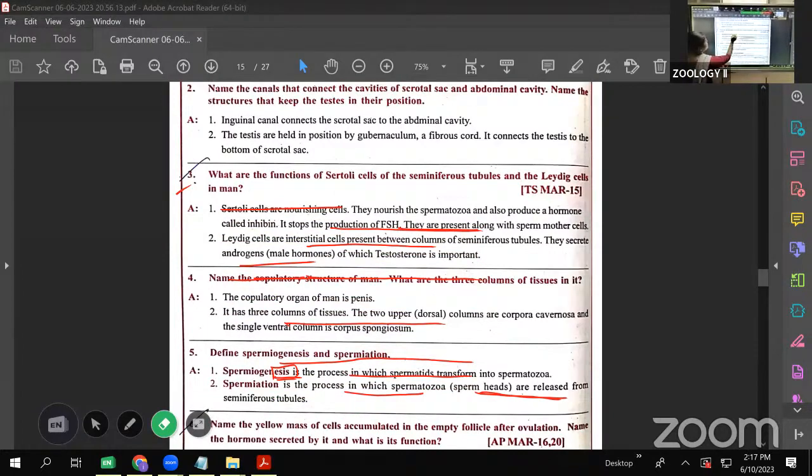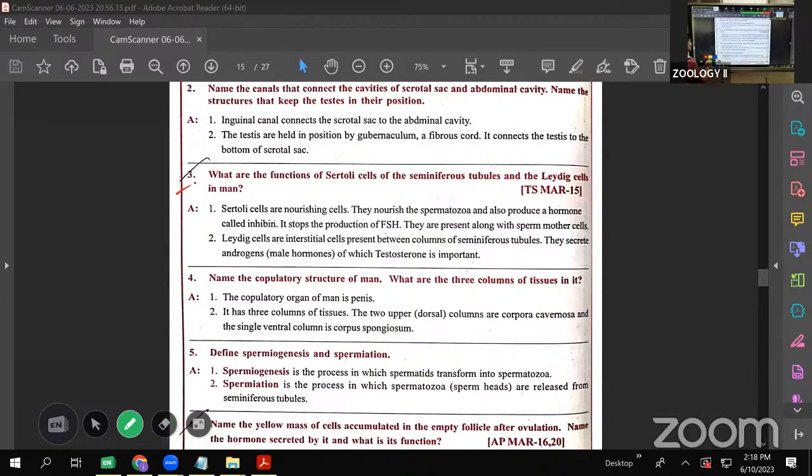Next, what are the functions of the Sertoli cells inside the seminiferous tubules? Inside the testis, a number of seminiferous tubules are present.